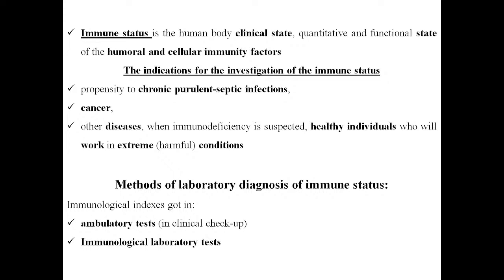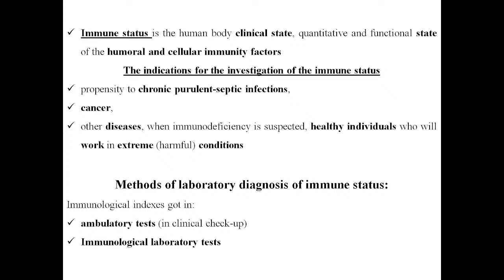Firstly, what is immune status? Immune status is the human body clinical state, quantitative and functional state of the humoral and cellular immunity factors. Once more, it is human body clinical state. Quantitative means amount of immune cells, for example, and functional, their functional activity, functional state of humoral and cellular immunity.